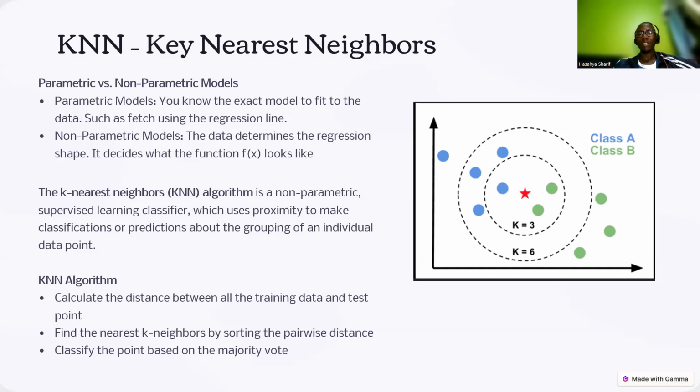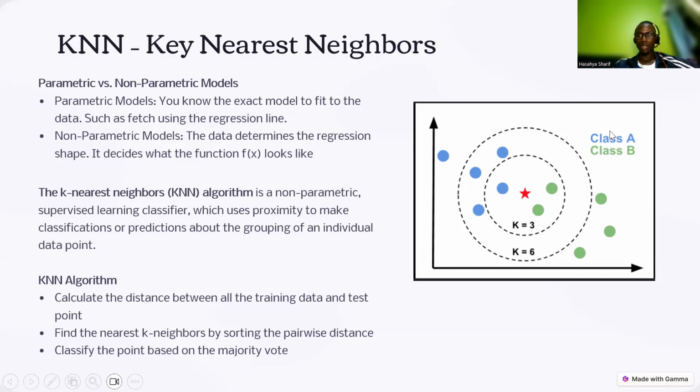Whereas for non-parametric, the data determines the regression shape. It decides on how the function will look. And KNN is an example of the non-parametric supervised learning classifier, which uses proximity to make the classification or the prediction about the grouping of an individual data point.